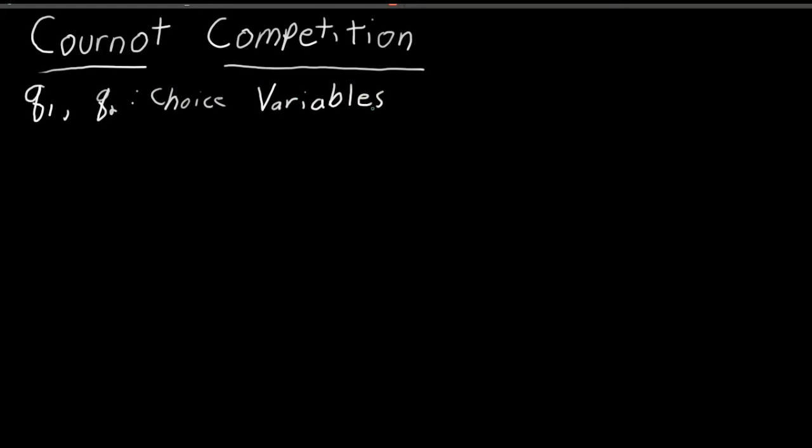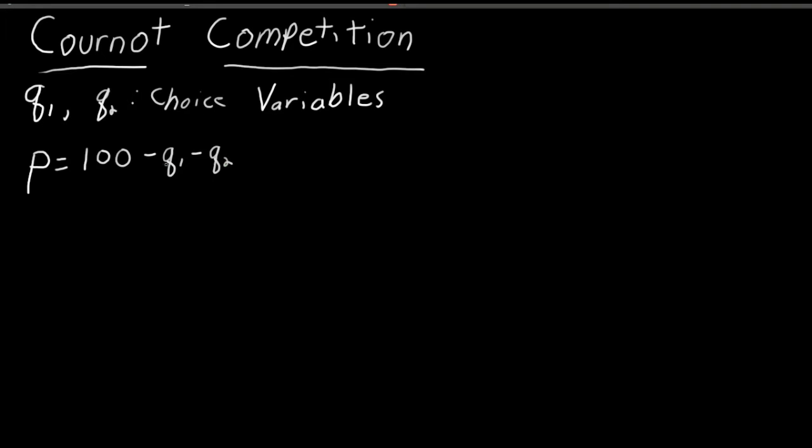How are the prices determined by the quantity? We make a very simple assumption, and we say that the price that each product sells for is equal to 100 minus Q1 minus Q2.